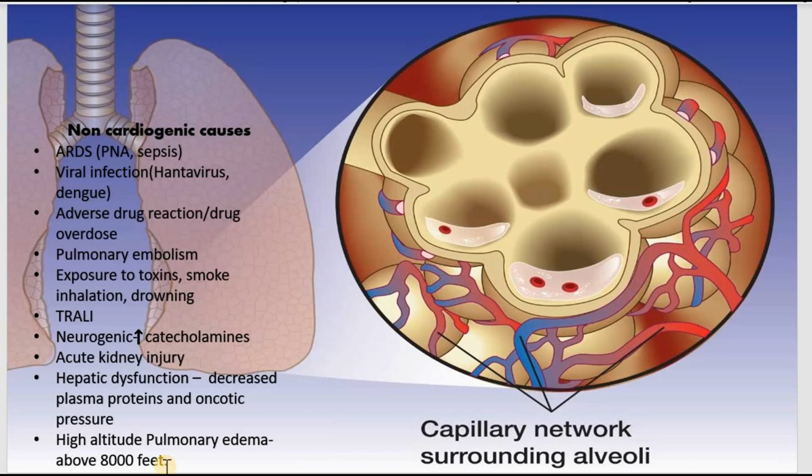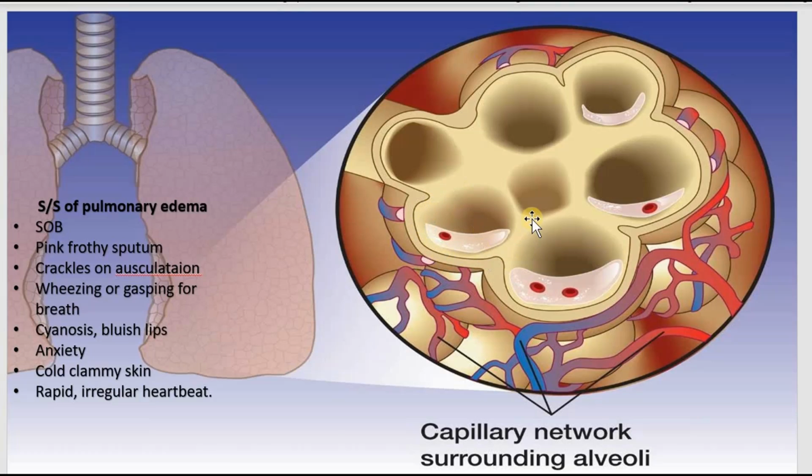This low oxygen concentration in the inhaled air can cause pulmonary vascular constriction, narrowing of the pulmonary circulation, and the increased pressure due to the constricted pulmonary circulation can lead to fluid leaking into the lung alveoli, causing pulmonary edema. Now let's see what signs and symptoms a patient exhibits when pulmonary edema happens.